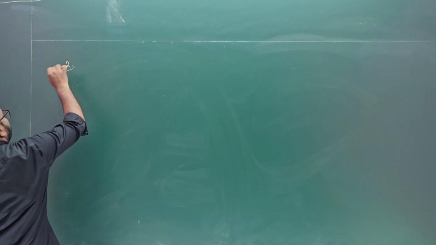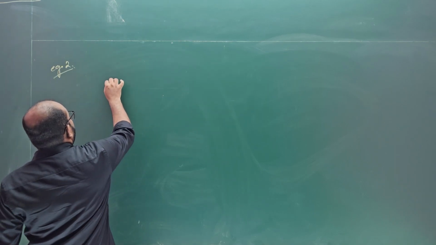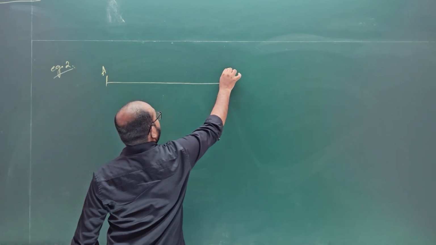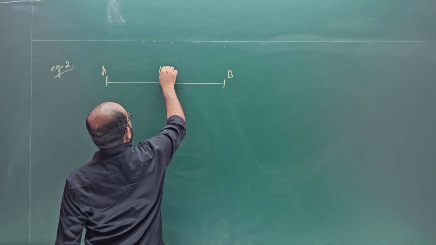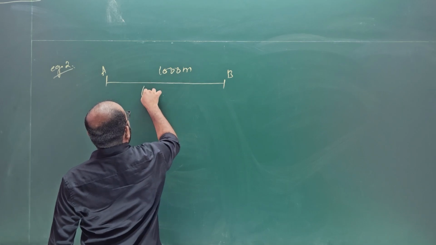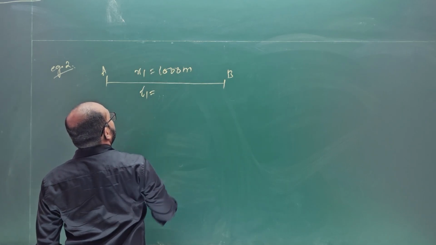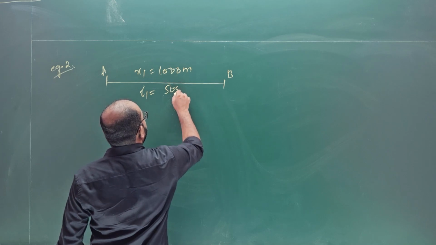Example number 2. A body started from point A, reached point B, let this be 1000 meters, taking time t1 of 50 seconds.